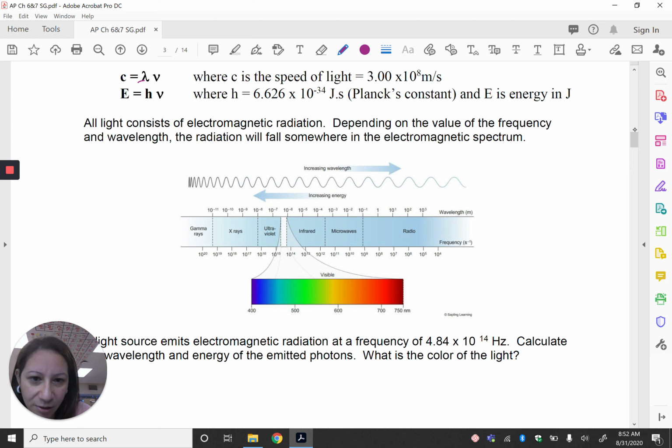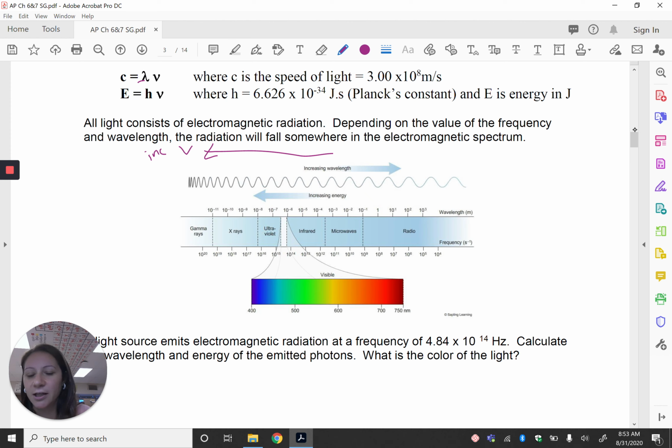This is increasing wavelength, which means that it's going to be decreasing frequency. The increase in frequency would be that way. Remember, we said that they're inversely related. When it comes to energy and frequency, they are directly related.